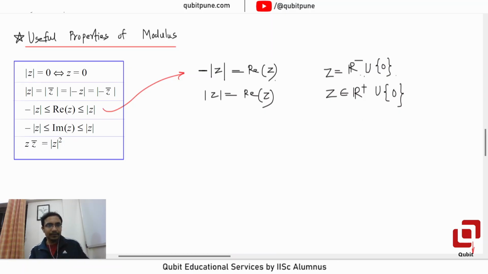Okay, fine. What about this part? Any complex number where negative mod z is equal to imaginary part of z? Can I say negative i?